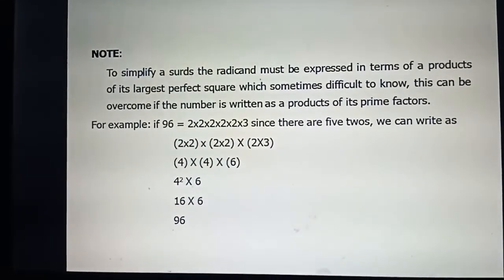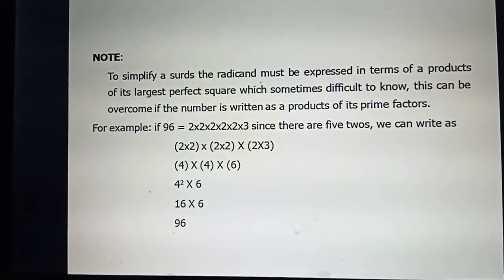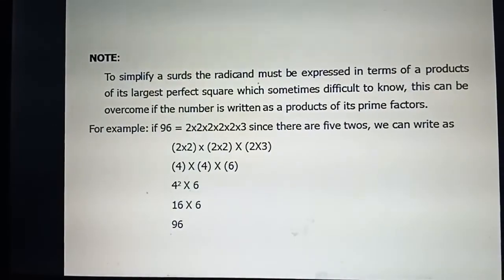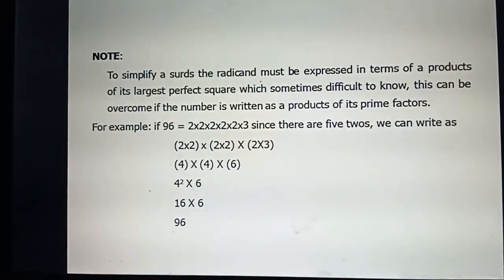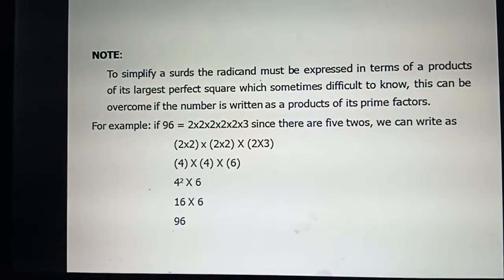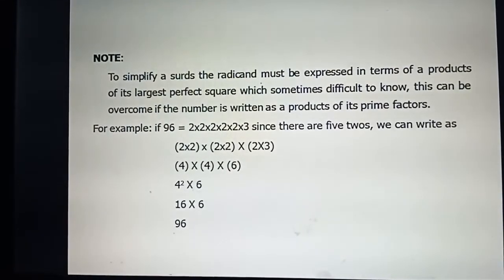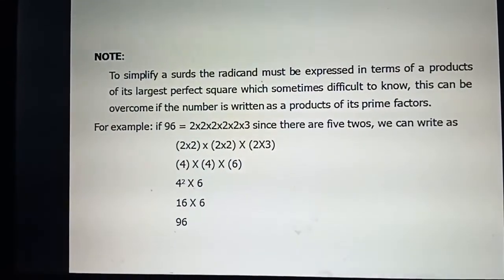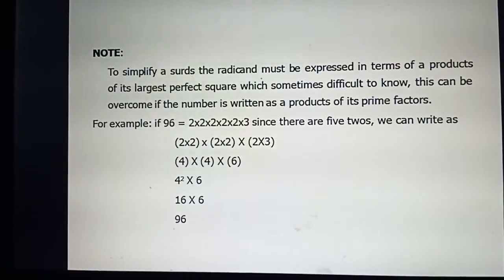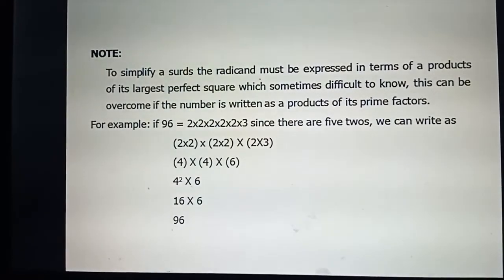They say to simplify, the radicand must be expressed in terms of a product of its largest perfect square, which is sometimes difficult to know. This can be overcome if the number is written as a product of its prime factors. For example, if you have 96, you are going to break this 96 by what? 2 times 2 times 2. How many 2s? We have five 2s, then times 3.